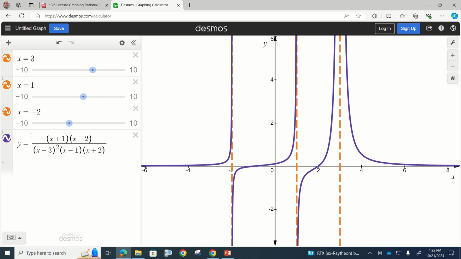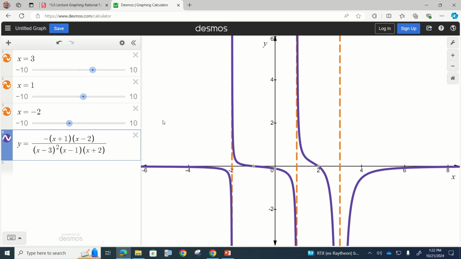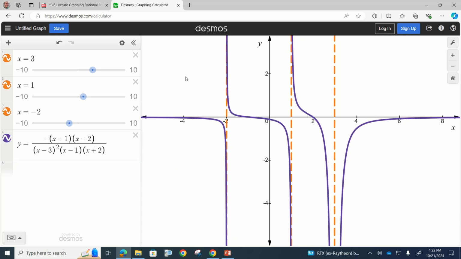Another way you might see this is, like in this function here in purple, now this pole at x equals positive 3 has an even multiplicity because of this number 2 here. But you can tell it doesn't change sides, it just goes from negative to negative. So odd multiplicities switch sides, and even multiplicities don't.